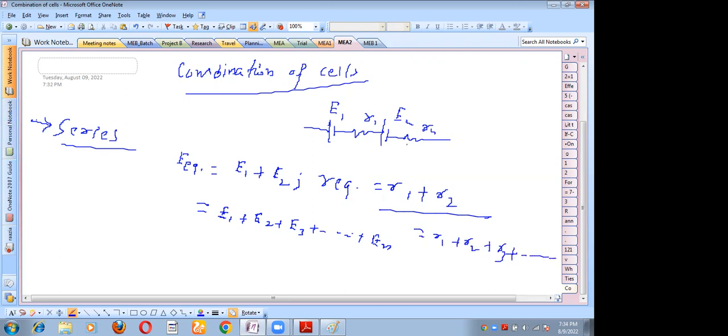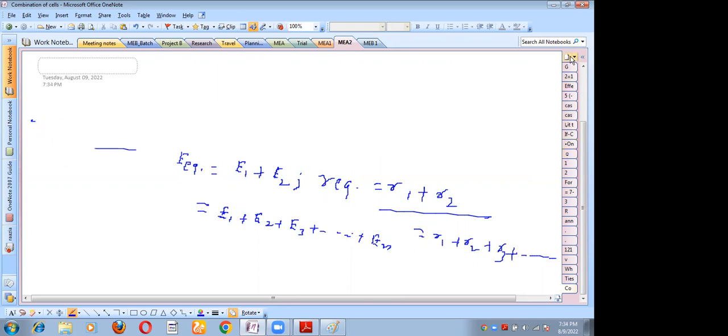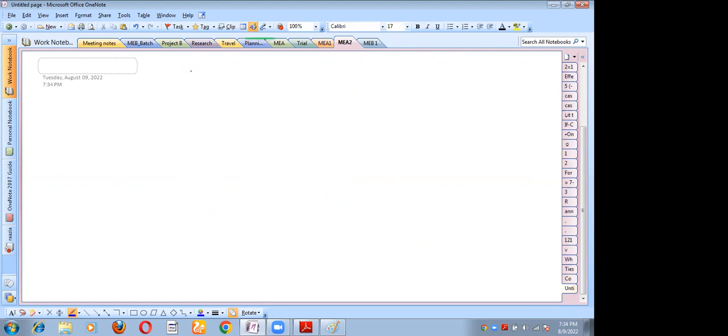In the similar way, we have parallel combination of cells. In parallel combination, what happens?